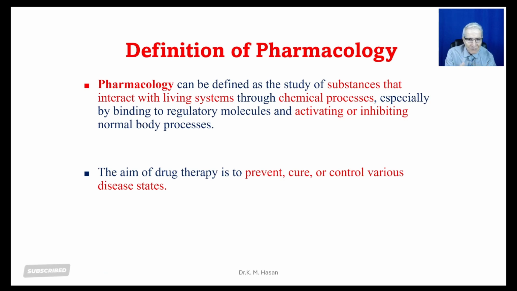So from the definition, pharmacology is the study of substances that interact with the living system through chemical processes, like prostaglandin, by binding, activation, or inhibition of the normal process. This is the most important thing.